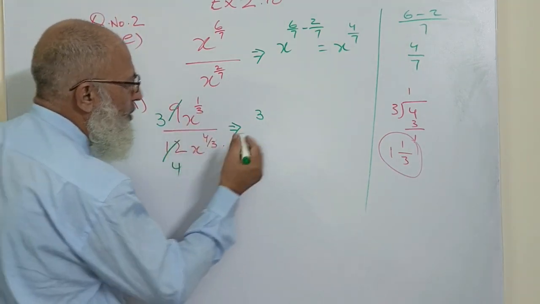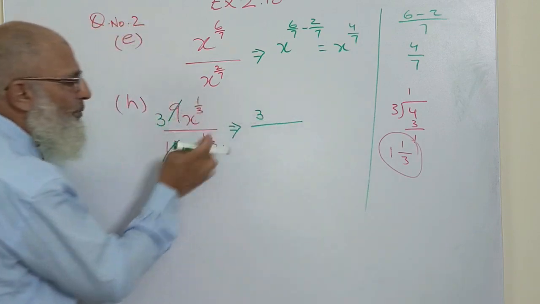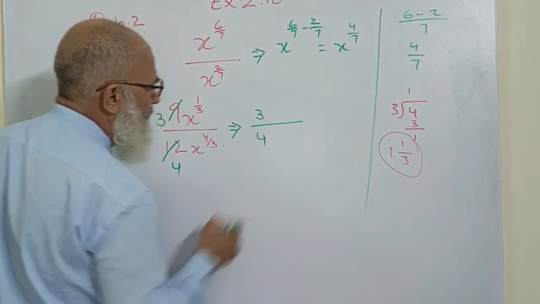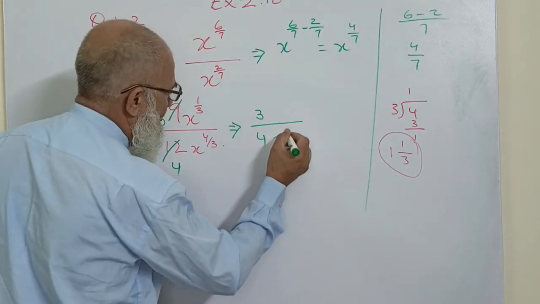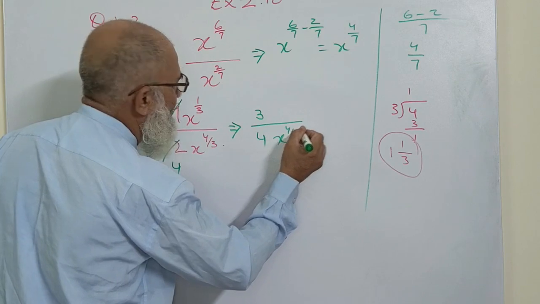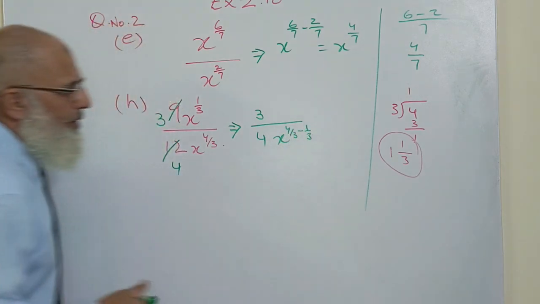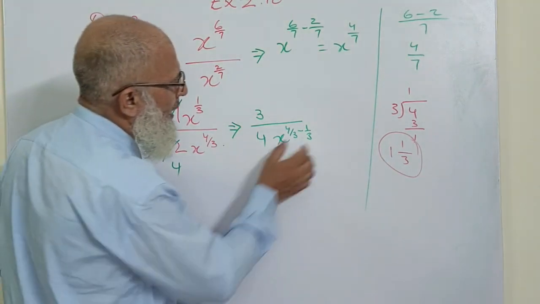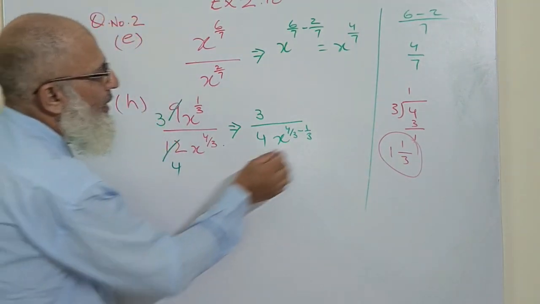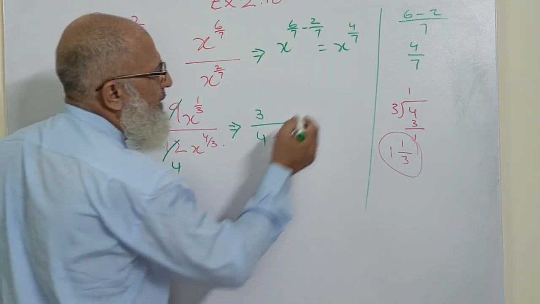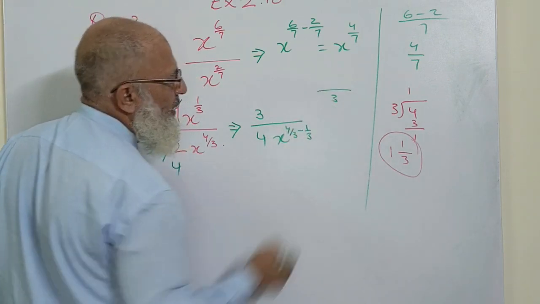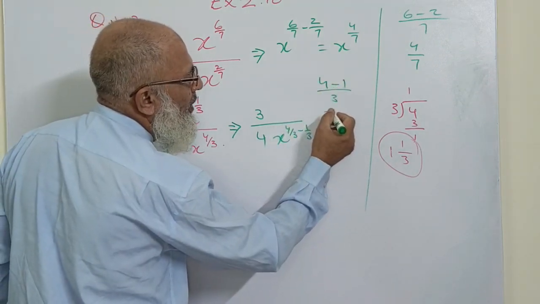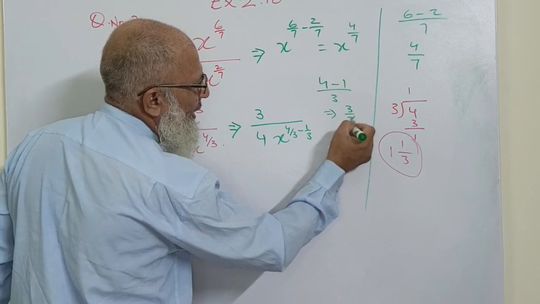Now we'll bring this down. We'll use some of our common sense over here: x to the power 4/3 minus 1/3. Again, we'll find the LCM, and the LCM will be 3, and 1 minus 3 will become 3 upon 3, which is 1.